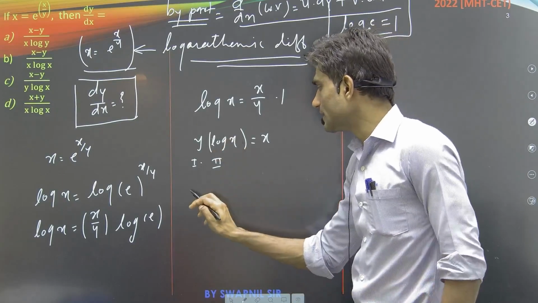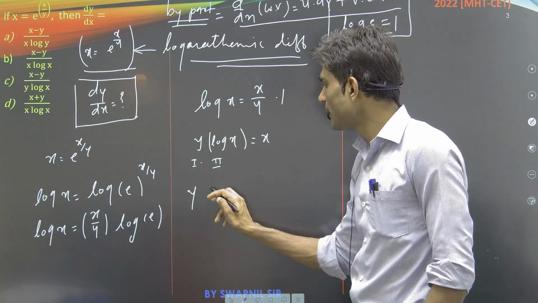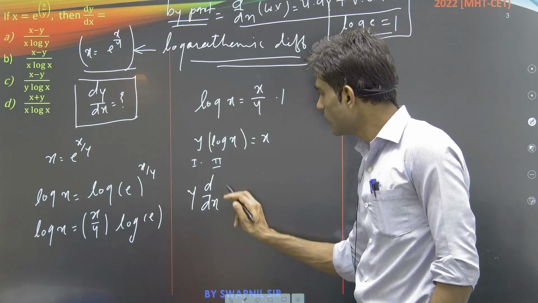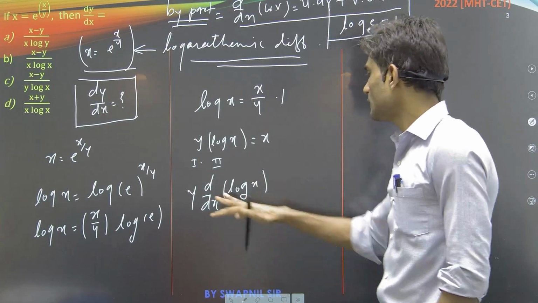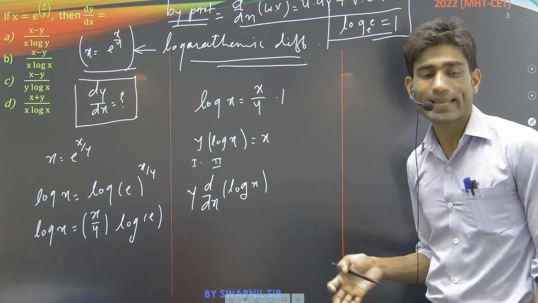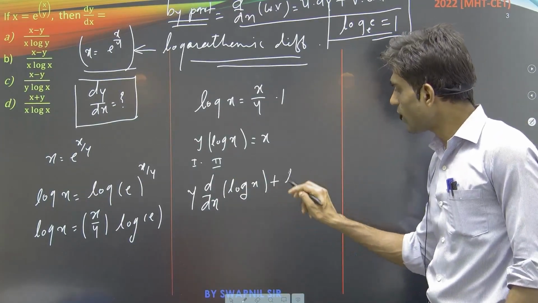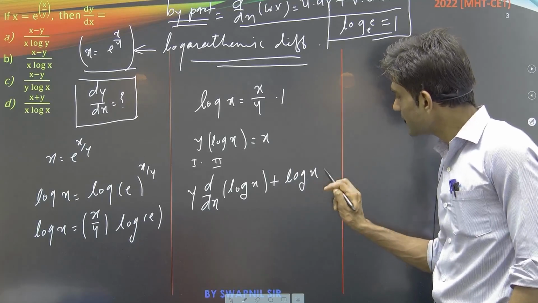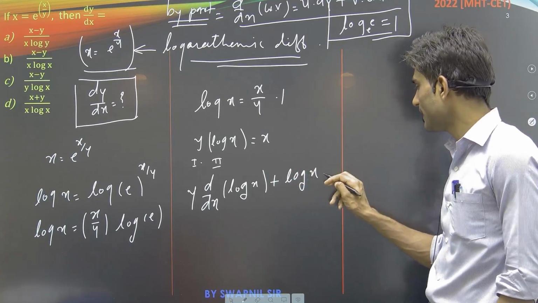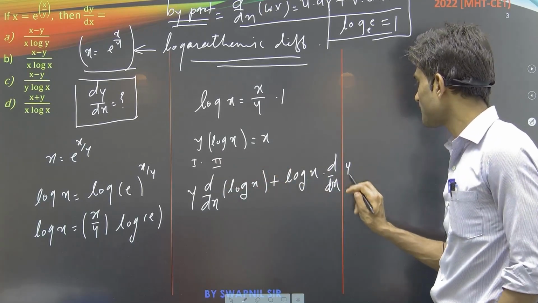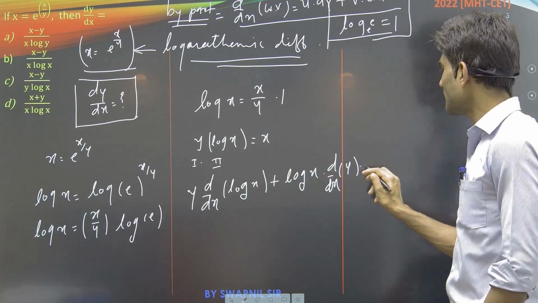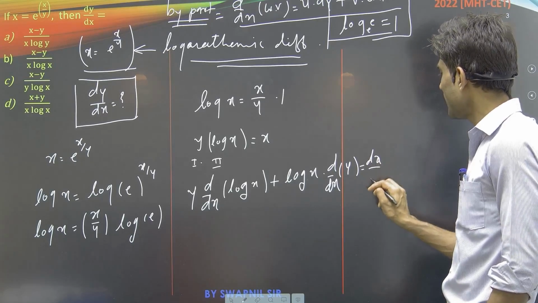First function as it is, y as it is, into the differentiation of log x, d by dx of log x, plus the second function log of x as it is into the differentiation of the first function. That means d by dx of y here. And the differentiation of x with respect to x is dx by dx.